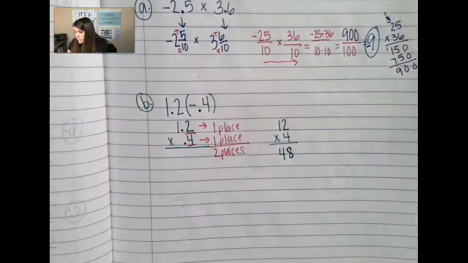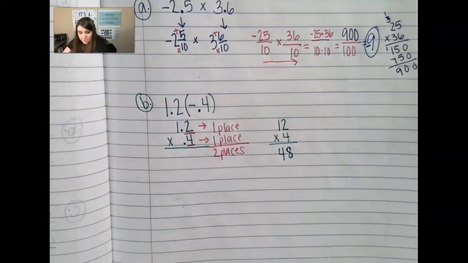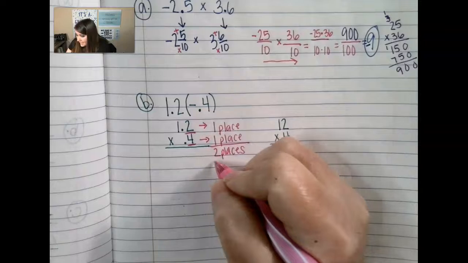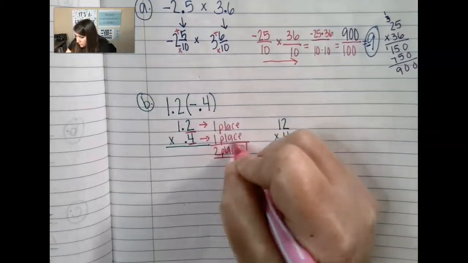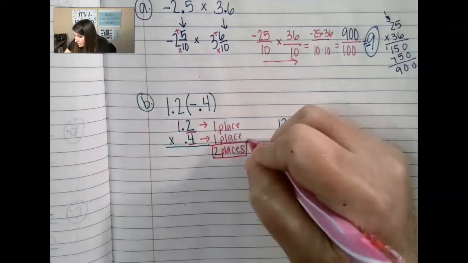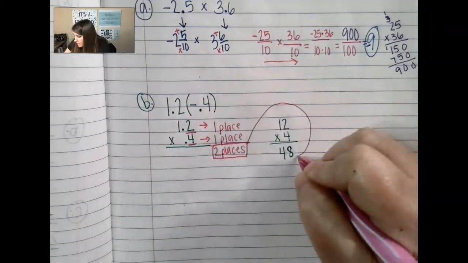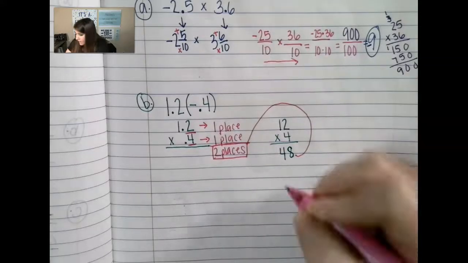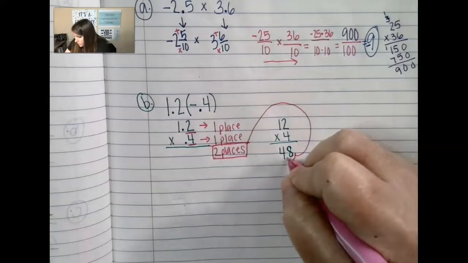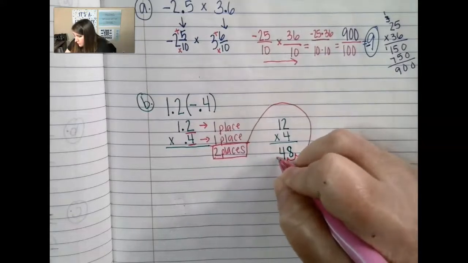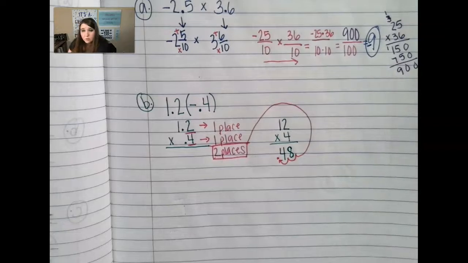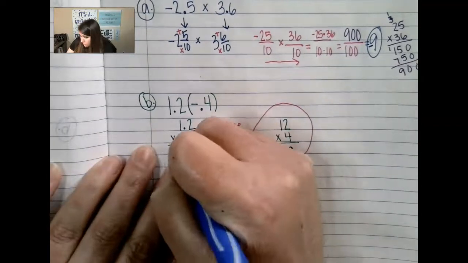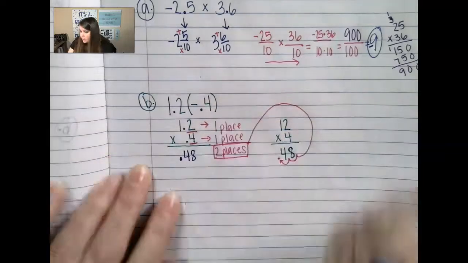So now I have an answer of 48. I'm going to take the 2 places, start at the end, and jump 2 places and put in my decimal point. So my answer to this problem is 48 hundredths.